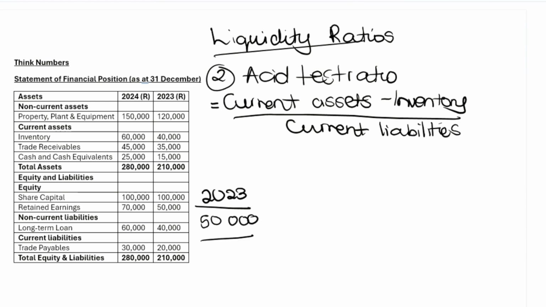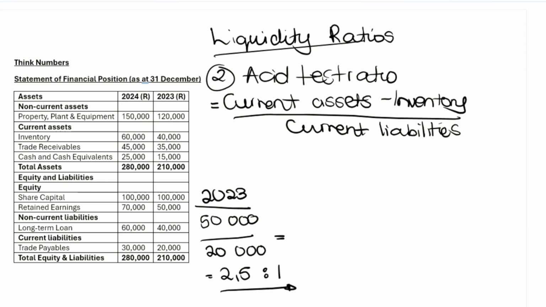Divide this once again by our current liabilities of 20,000, and you will find that our asset test ratio in 2023 was 2.5 is to 1.